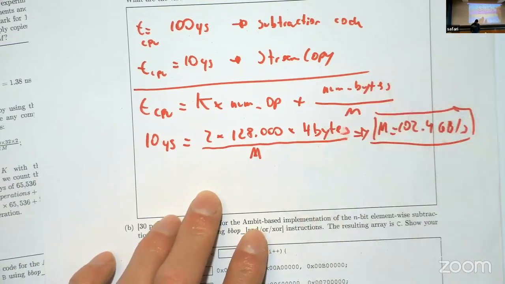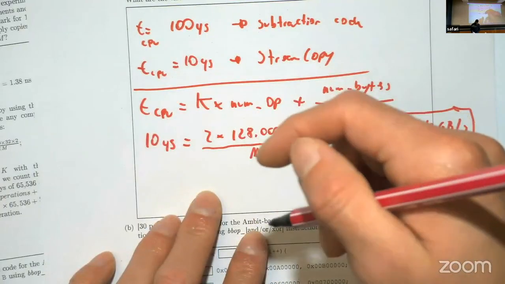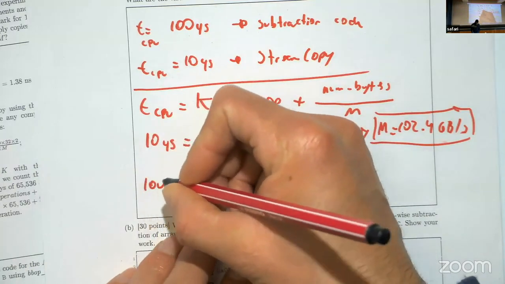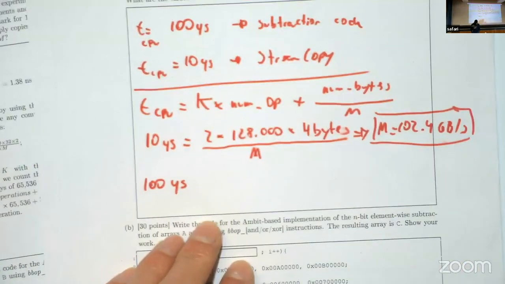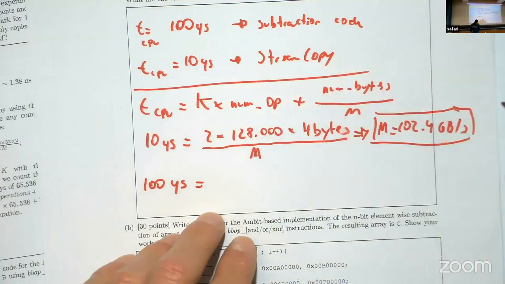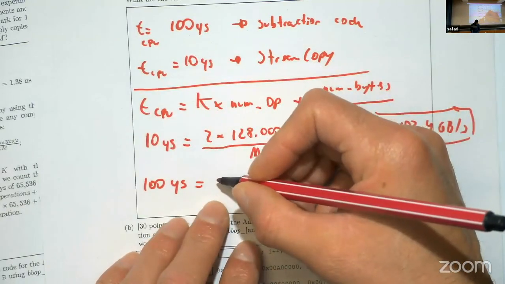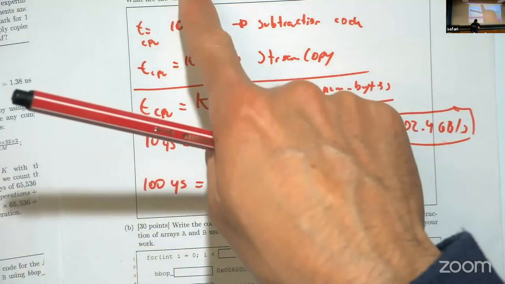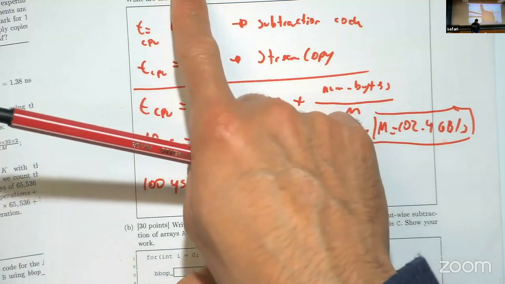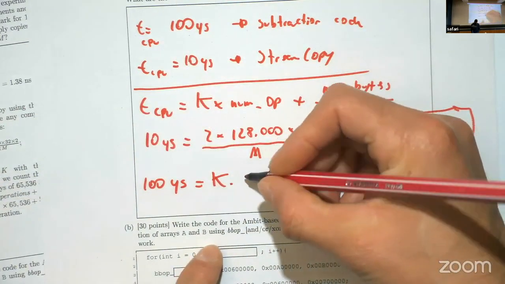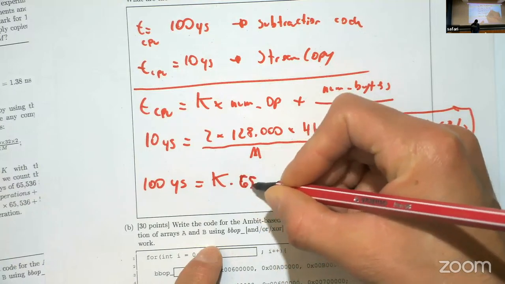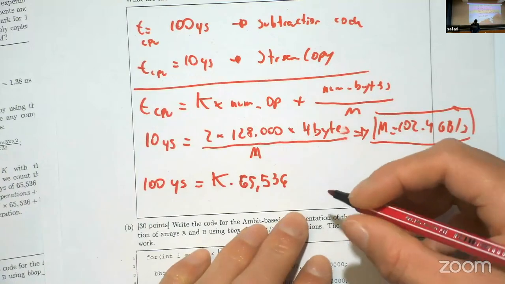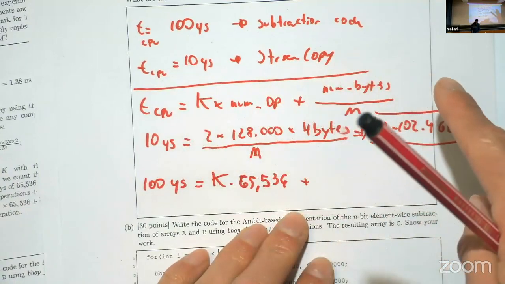Okay. Now you need to figure out the value of K. You use the same thing, with the second benchmark that was used. So this is 100 microseconds here. This is going to be K times the number of operations that was done. You did 65,536 additions, subtractions, so this is 65,536, times the number of bytes that was read from the memory.